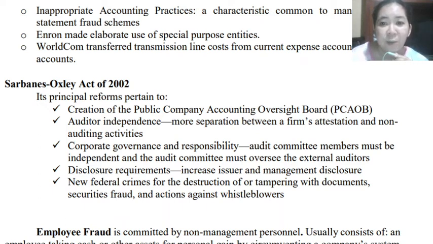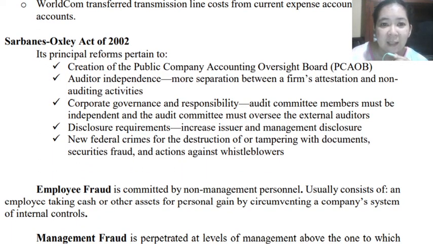Another is disclosure requirements. Here, there should be increased management disclosure, so that any fraud that exists may be detected. Another is new federal crimes for the destruction or tampering with documents, securities fraud, and actions against whistleblowers.